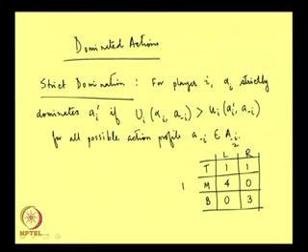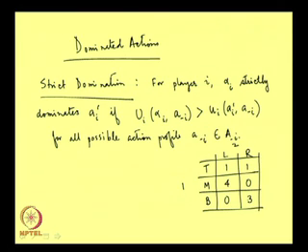For example, if I compare T and M, if L is played, M is better, but if R is played, T is better. So, neither T is dominating M nor M is dominating T.